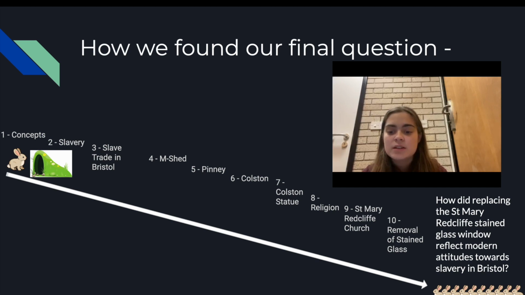This then led us to look into slavery in Bristol in detail, focusing on Colston, and the impact his statue being torn down had on the local community, led us to the St Mary Redcliffe stained glass window, which was removed in the backlash of Colston in the Black Lives Matter movement. This line of inquiry made us reach our final research question, asking: how does the replacement of the stained glass window in St Mary Redcliffe reflect modern attitudes towards slavery in Bristol?